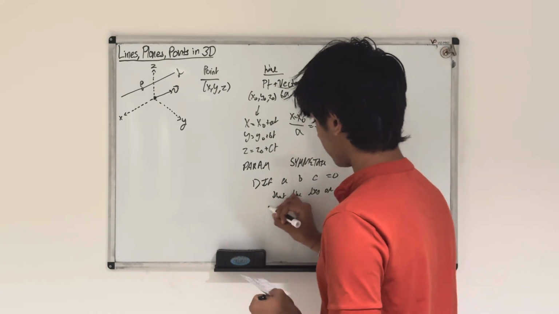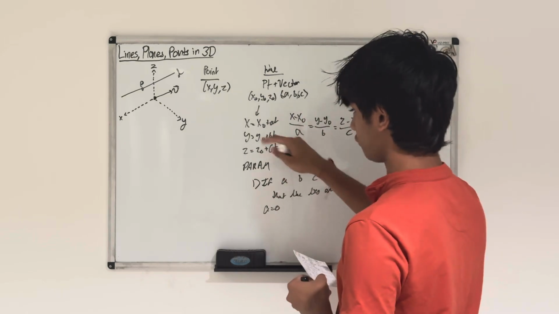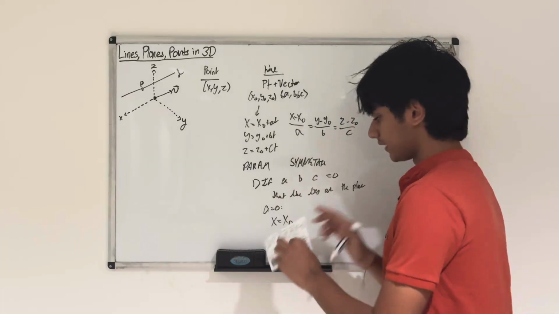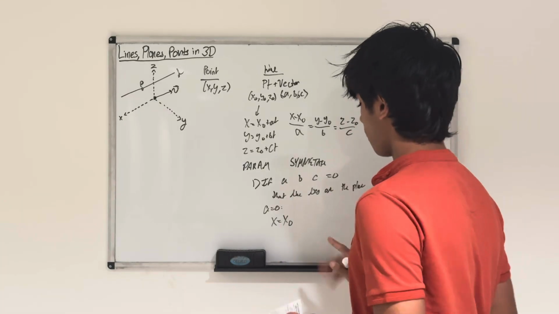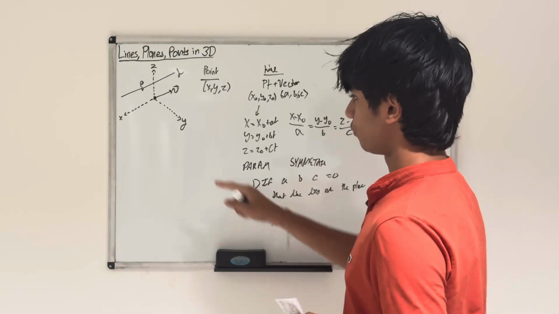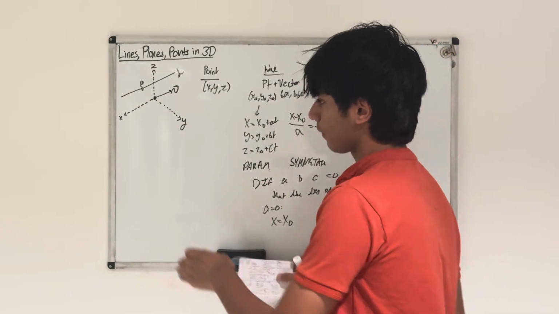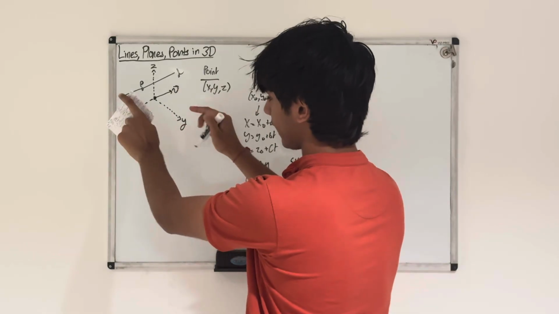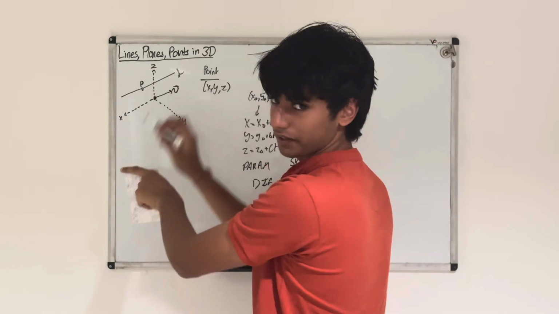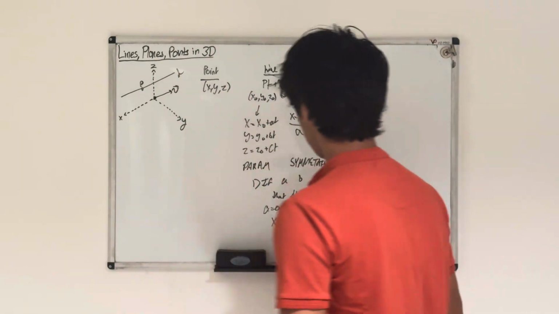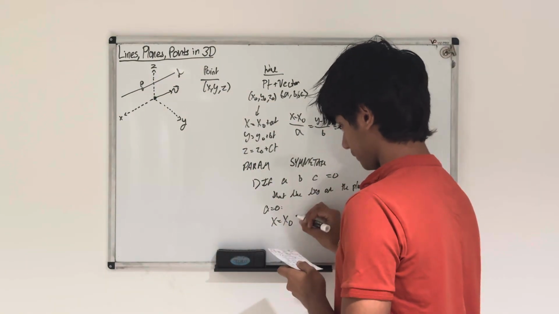So for example, if we say a equals 0, then looking at our equation, what we're going to get is that x equals x0, and therefore this line lies on the plane x equals x0, and it's parallel to the yz plane. And the reason why is because if you see our x-axis, if we have just a line on that axis, just straight down, it's going to be parallel to the yz plane because it's intersecting the x. So x equals x0 means it's parallel to the yz plane.